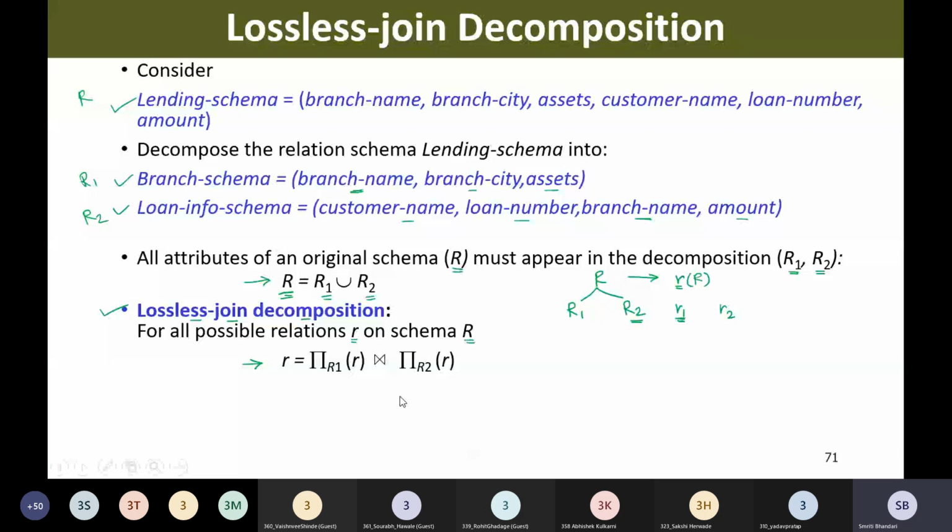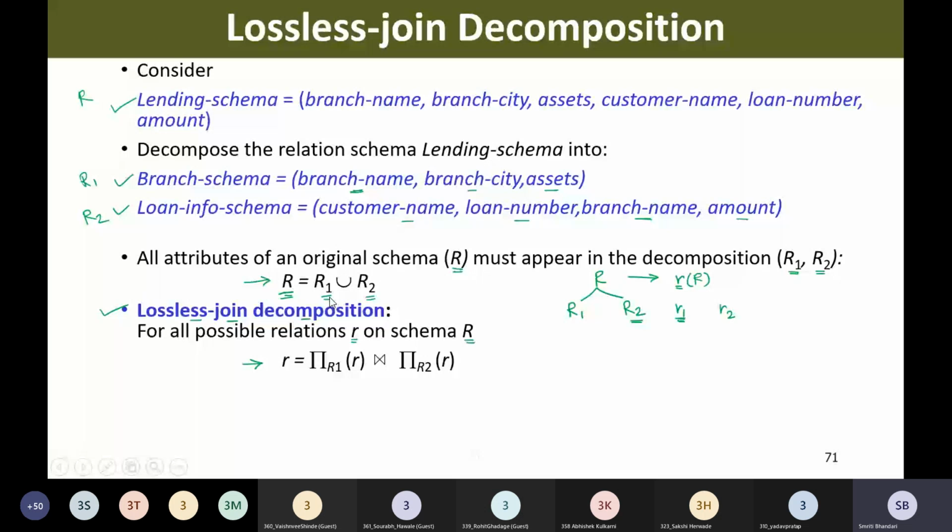While decomposing the relations, the first condition that we need to follow is that capital R, the original schema, should be the union of R1 and R2. R1 is the schema for a decomposed relation. R2 is also the schema for another decomposed relation.